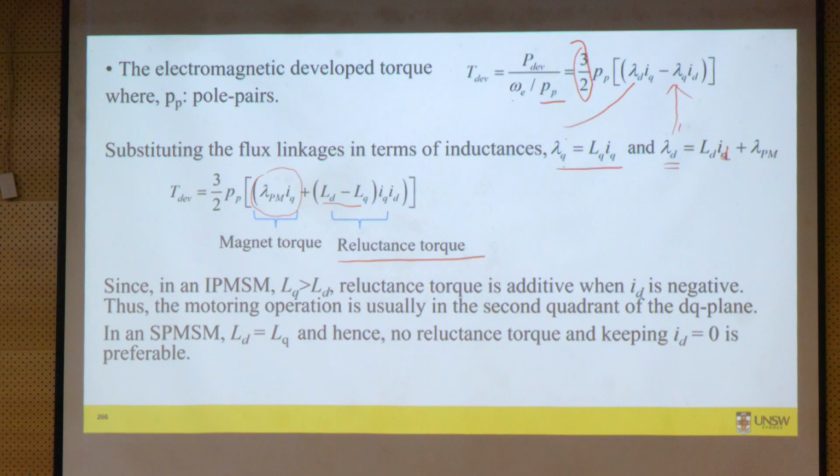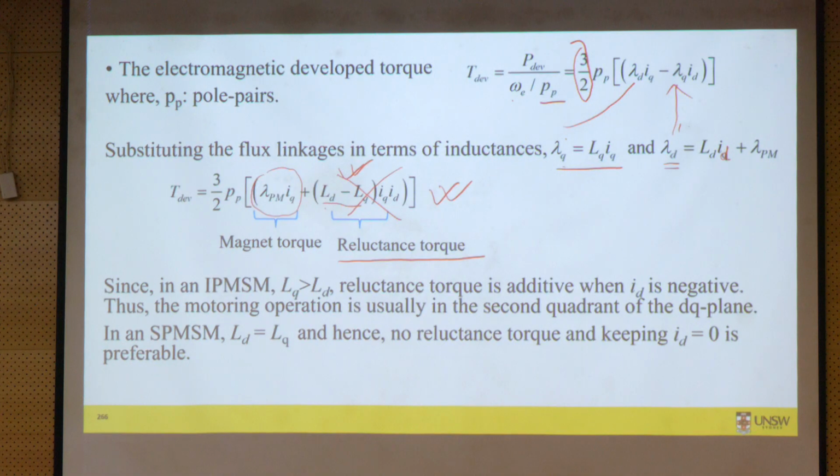And so that is the torque equation for us to look at further. For IPMSM, LD is not equal to LQ, so this second term is important and we must consider it. Whereas in the surface type SPM machine, since LD is equal to LQ, this term disappears.